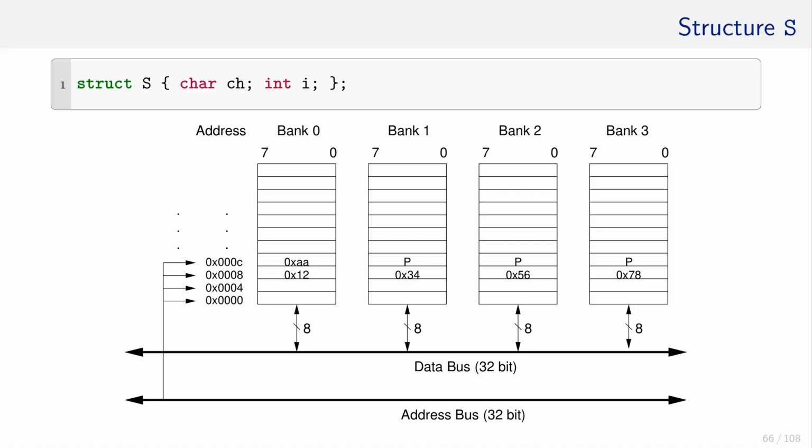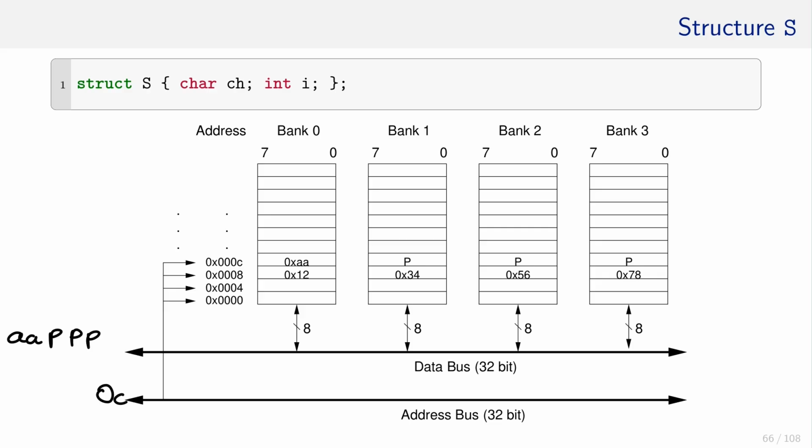If the character is to be read, address 0C is put on the address bus, and AA, including the padding fields, is then copied to the data bus. These padding fields are then discarded or at least ignored in the program, and all arithmetic operations are for the 8-bit operand.